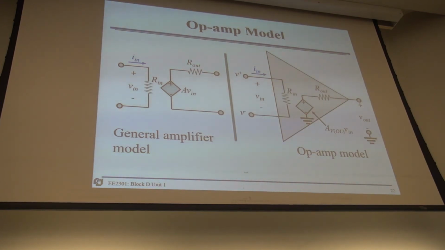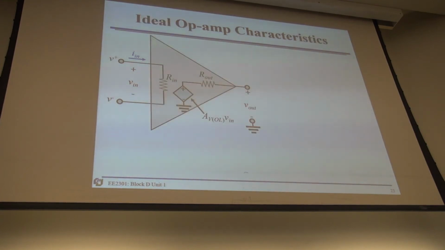The A_V OL stands for open loop, because I didn't introduce any feedback in there. Open loop, because I didn't form any loop in there yet. So that's really big.